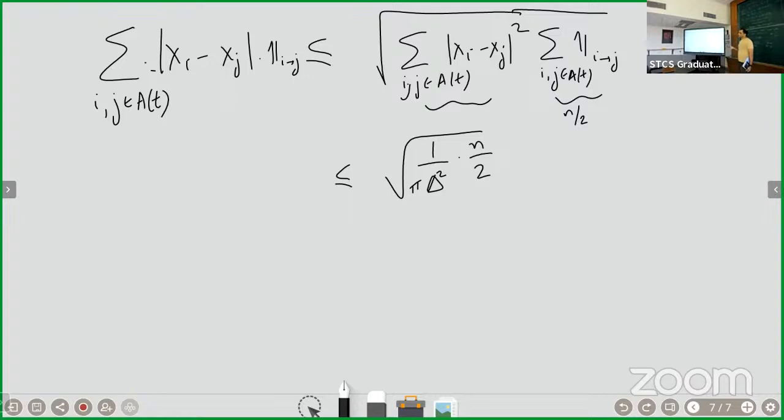So now tell me how to connect the SINR model to the protocol model. What does the SINR model tell us?